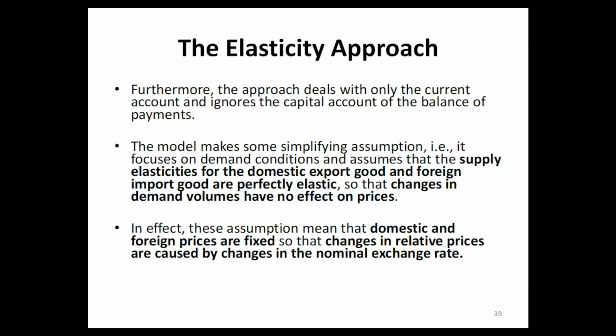So in effect, this assumption means that the domestic and the foreign price are fixed, right? So that the change in the relative price is caused by the change in what? Nominal exchange rate. It's caused by the nominal exchange rate ማለት ነው, right?